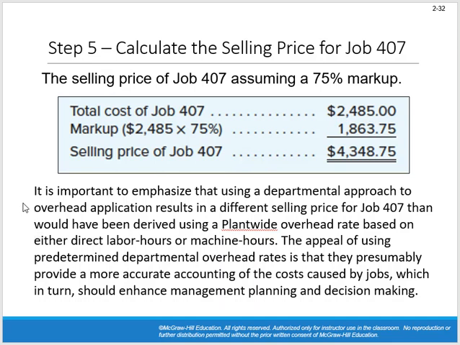So it's important to see here that using the departmental approach to overhead application is going to result in a different selling price for job 407 than we would have come up with using a plant-wide overhead rate.